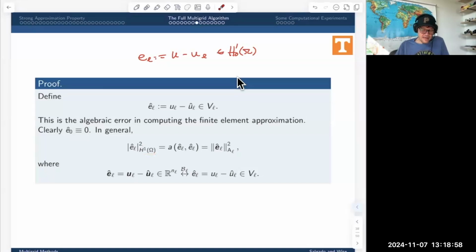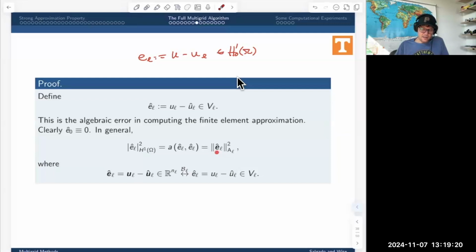that. So that's just exactly equal to, by definition, the inner product, or bilinear form, A of EL hat acting on itself. So this can be written as this vector norm, the vector norm AL. This is what we call the energy norm.